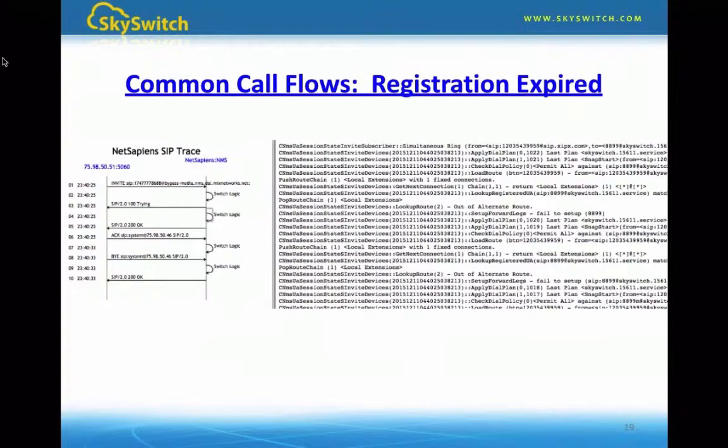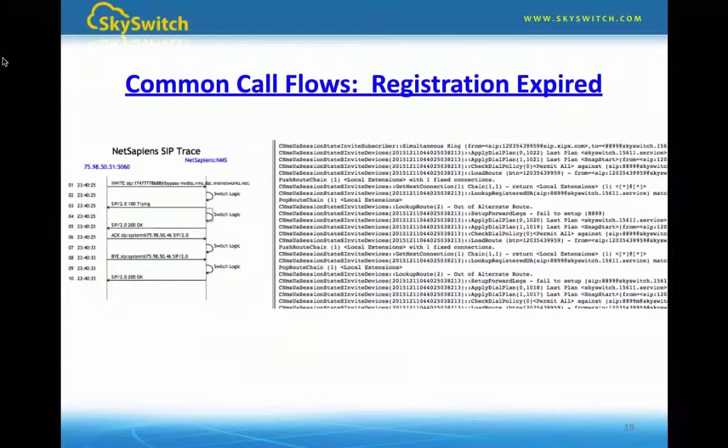The reason it didn't try to ring anything is because when it went to look for that device, it couldn't find it. If you highlight the switch logic for that part of the call, you see this line, and it's telling you what's going on inside the switch.